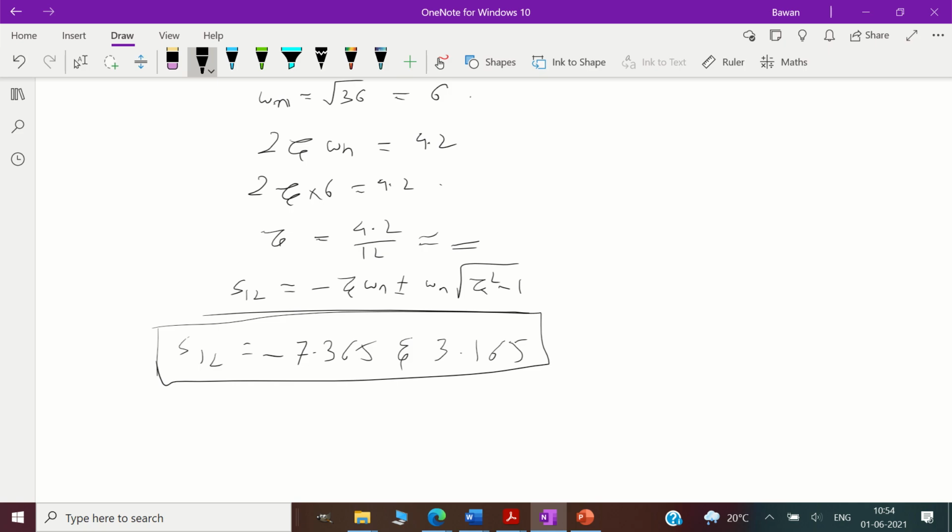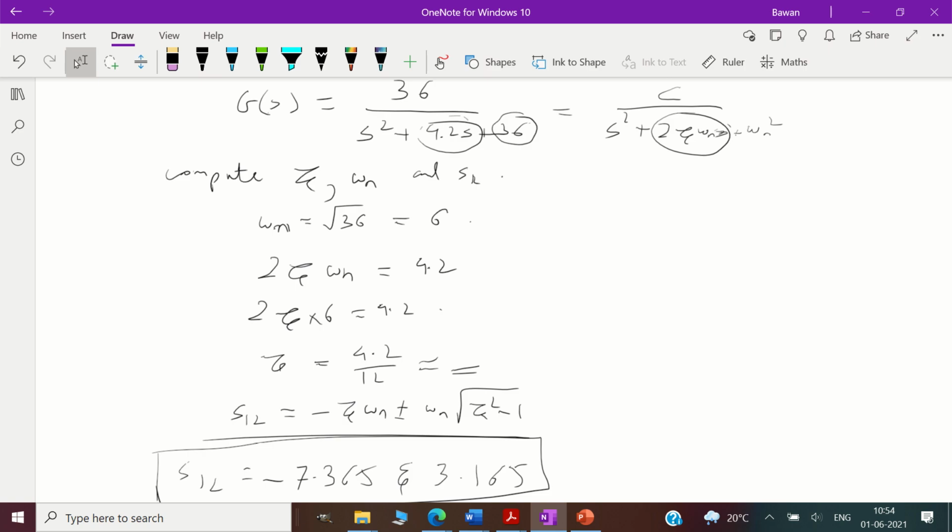Another thing that can be found using this relationship is omega d, which is your damped natural frequency.